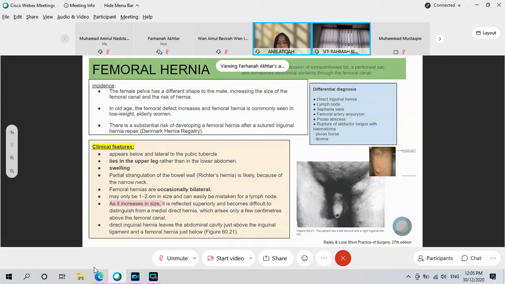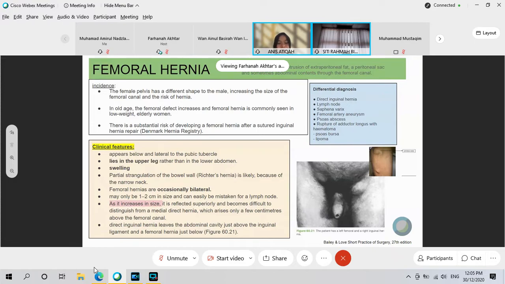Next, it can be mistakenly diagnosed as saphenous varix. Saphenous varix is dilation of the saphenous vein. You can see in the picture that because of the location, it can be mistakenly diagnosed. There is also femoral artery aneurysm. Psoas abscess is an infection of the muscle. Next is rupture of adductor longus with hematoma. Psoas bursa also can be misdiagnosed.